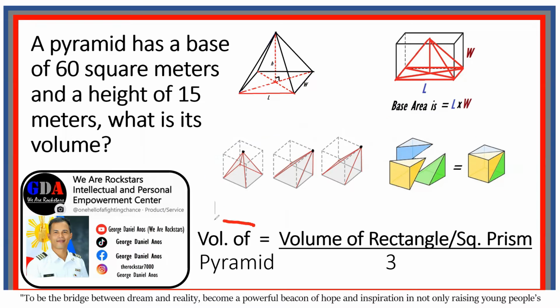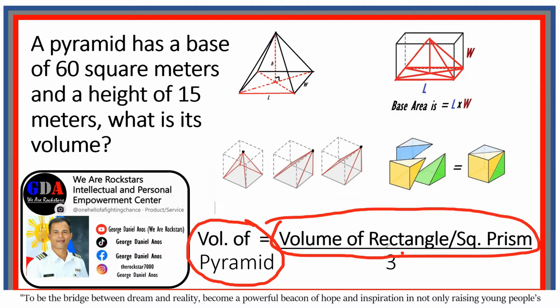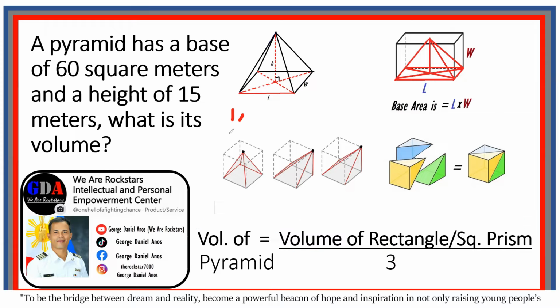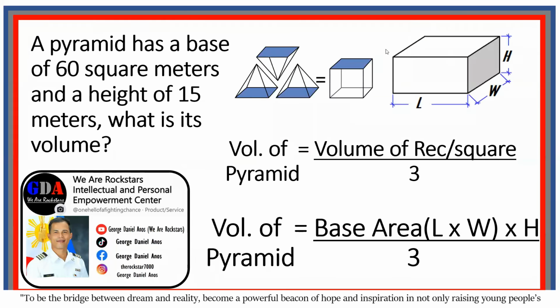So we can also say that the volume of a pyramid is equal to the volume of a rectangular or square prism divided by the value of 3. This is 1/3 of that prism. Again, we have this drawing showing three pyramids creating one prism, such a quadrilateral prism.